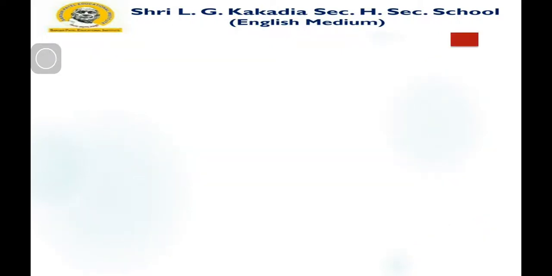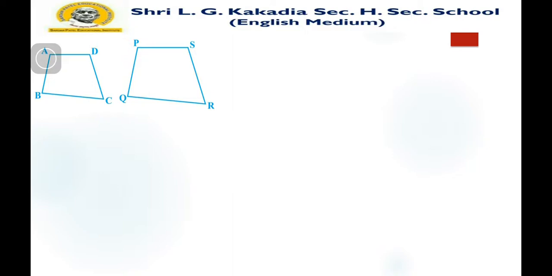Now let us take some more examples of other shapes. We have talked about circles, squares and equilateral triangles. Now here you can take two quadrilaterals, ABCD and PQRS.